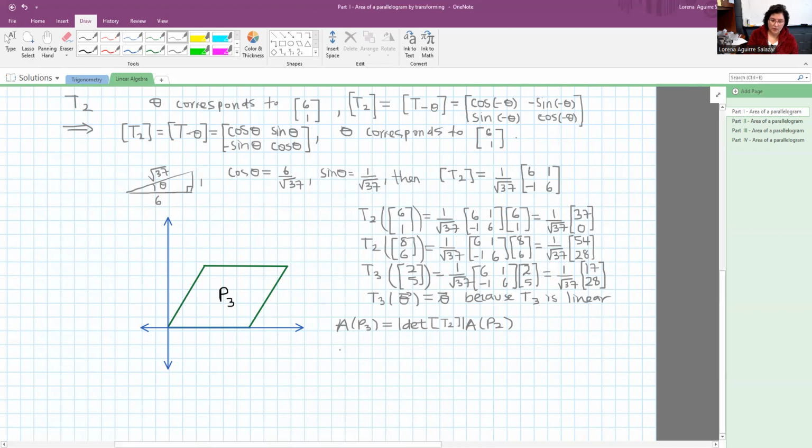Now the determinant of this matrix is the determinant of a constant times a matrix. We have 1 over root of 37, then the matrix with rows 6, 1 and negative 1, 6.